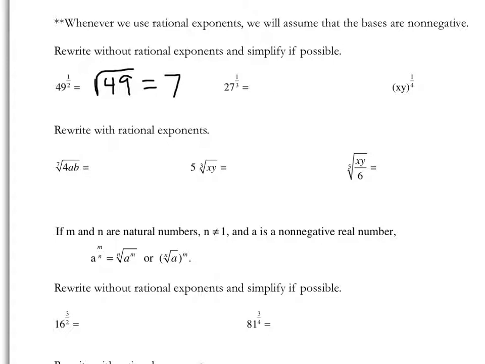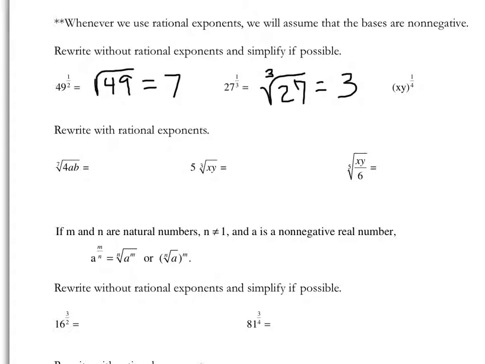And once again, we're taking the principal square root, the positive square root. When you say 27 to the 1/3 power, you really mean the cube root of 27. So we're looking for a number that you write down 3 times and multiply, and you get 27, and that number has to be 3.